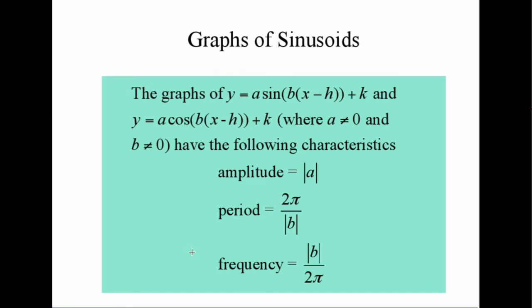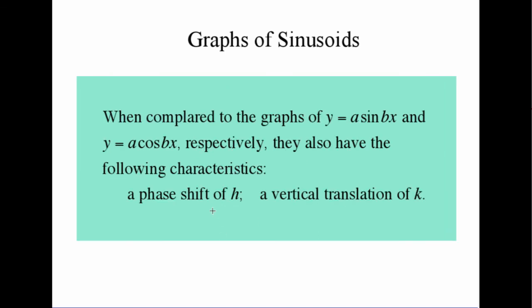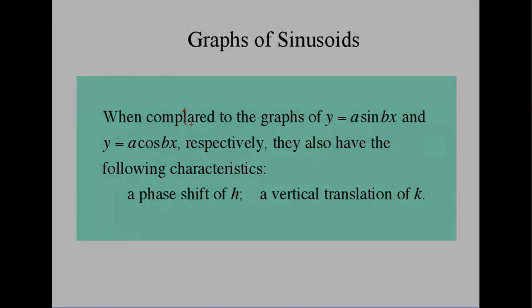And we talked about the frequency, which is the absolute value of b over 2 pi. Frequency and period are reciprocals of one another. When compared to the graphs of y equals a sine bx and y equals a cosine bx respectively, they also have the following characteristics: a phase shift of h and a vertical translation of k.